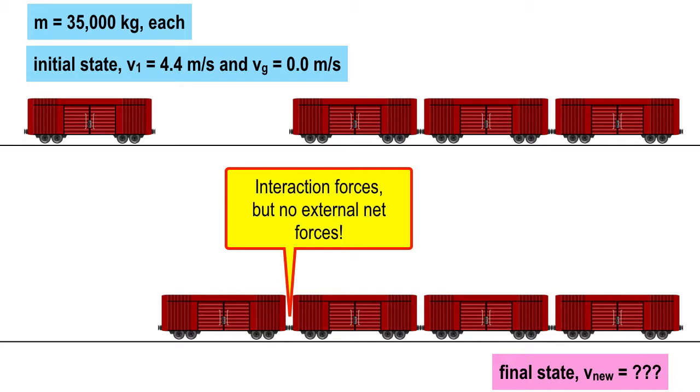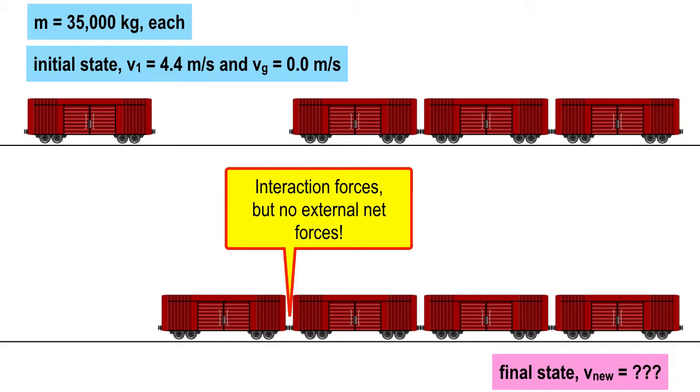We're going to calculate that. Real boxcars out on the railroad have slightly different masses, sometimes way different masses, but we're going to idealize this so each one is 35,000 kilograms, 35 metric tons each.